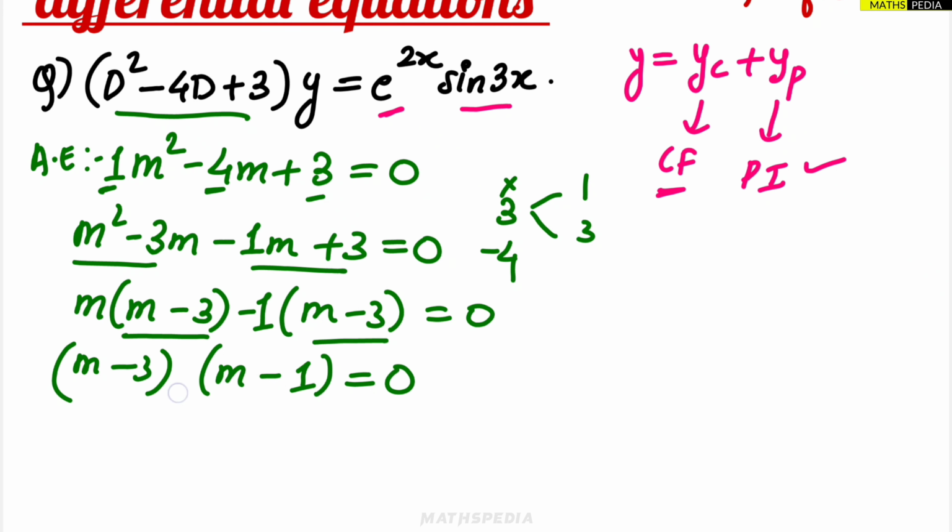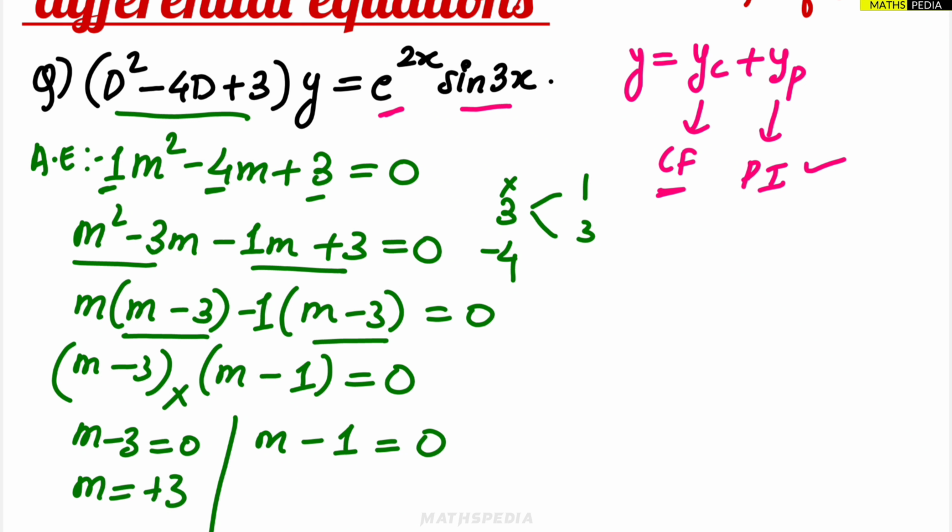Now from this multiplication, the factors are m minus 3 equal to 0 and m minus 1 equal to 0. So from this we can say m is equal to plus 3 and m is equal to plus 1. So I got two roots of m. Now in order to form yc, always remember that if there are two different roots, it comes under the category of real and distinct roots.